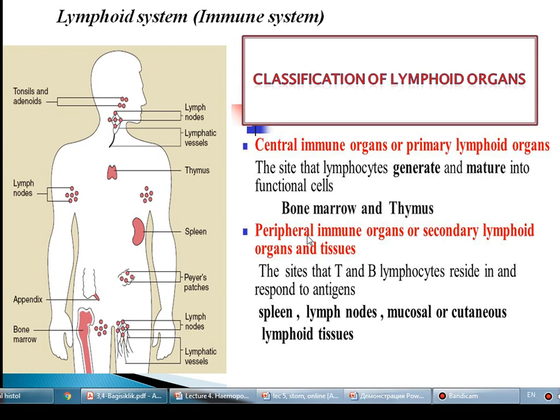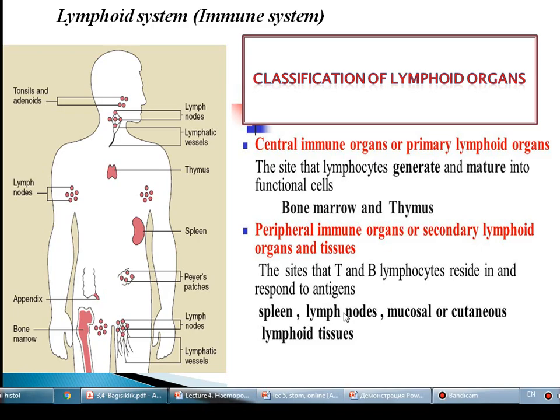The peripheral immune organs or secondary lymphoid organs are sites where they capture antigens, and they provide sites for the interactions of the immunocompetent cells with the antigens. These organs are the spleen, lymph nodes, and mucosa-associated lymphoid tissue, and they provide differentiation of the lymphocytes.